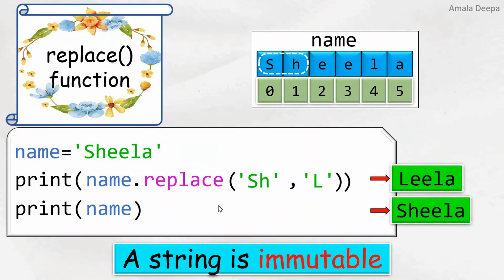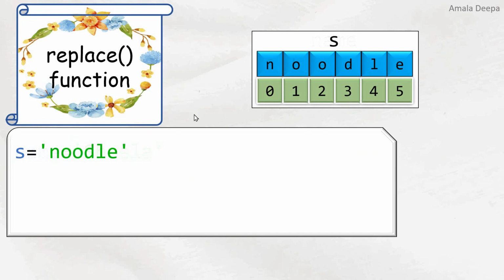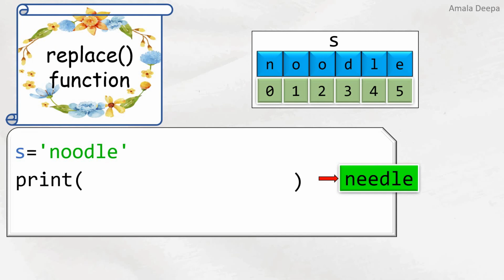I will give you another example. Now I have taken the string noodle in the string object S. S is equal to noodle. So if I want to get the output as needle using the replace function, so print, and within the print statement, S is the string object, so S dot replace, and within parentheses you should give two parameters.